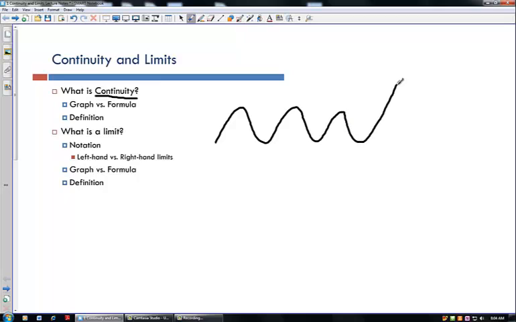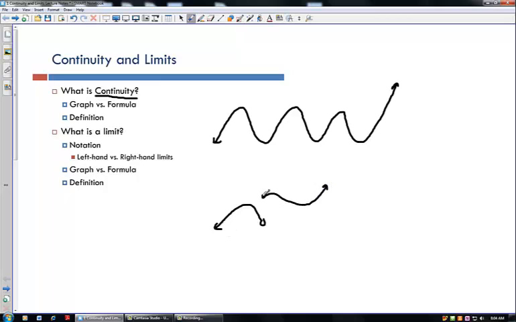You can draw something, or something is progressing in a continuous manner, where there are no sort of stops. So this is a graph of a continuous function, whereas this is not continuous.